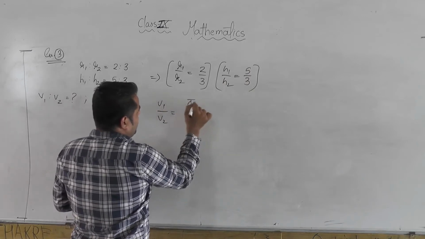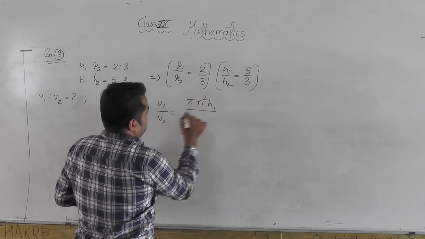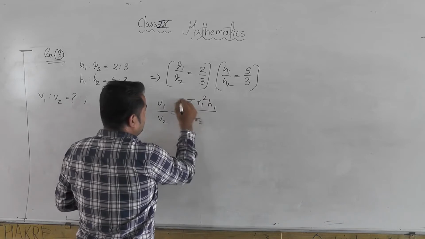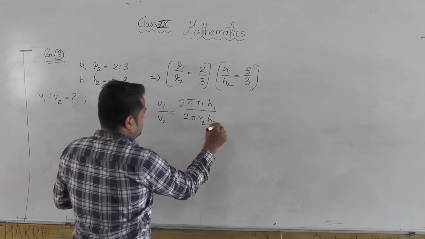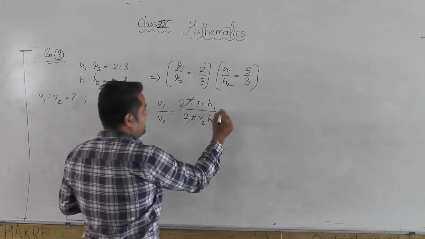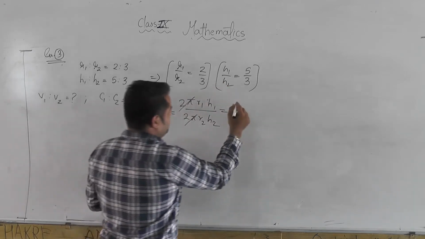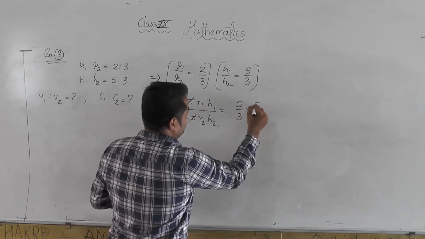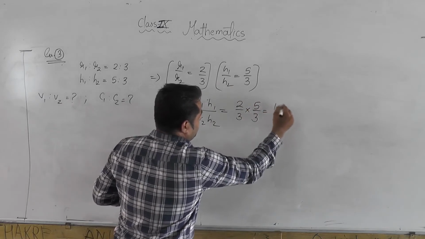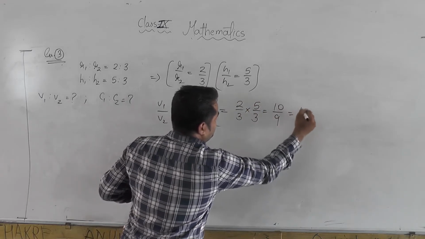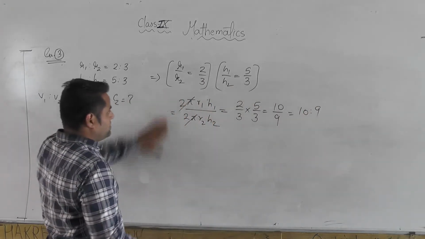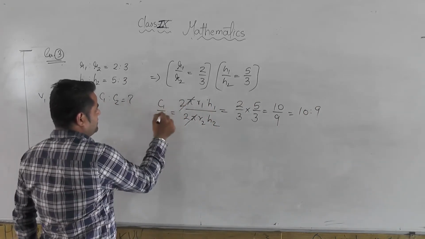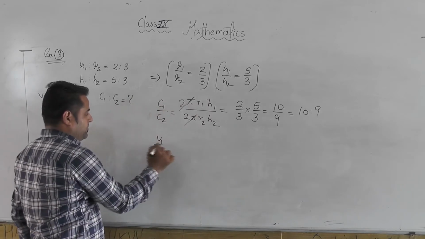See, CSA is 2 pi R1 H1 and 2 pi R2 H2. 2 pi will get cancelled with 2 pi. R1, R2 and H1, H2 we are keeping their values 2/3 and 5/3. This will come 10/9. So the ratio of the CSA comes 10:9.